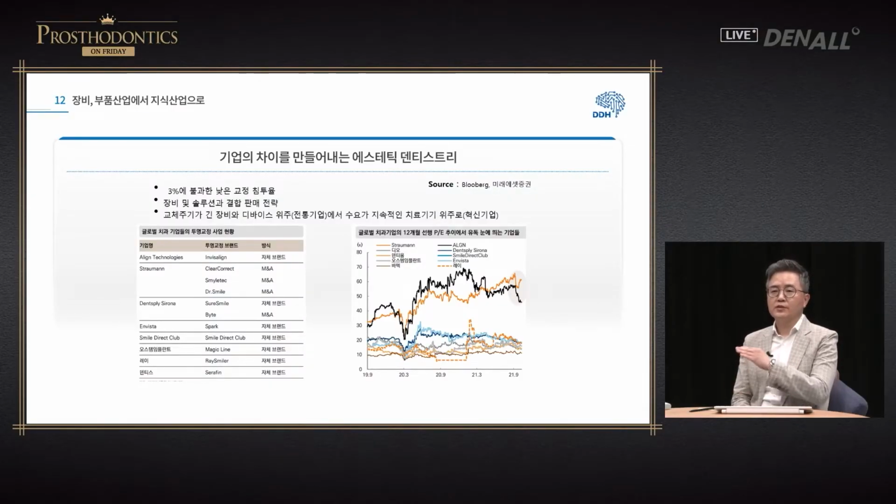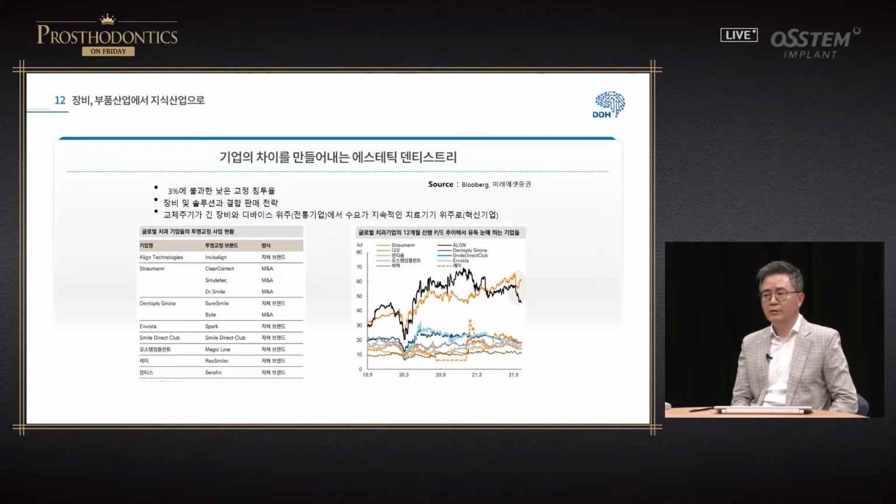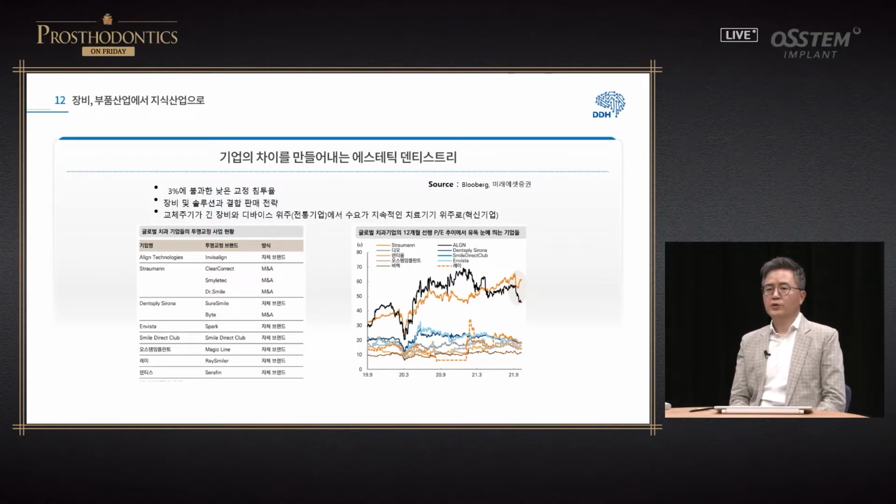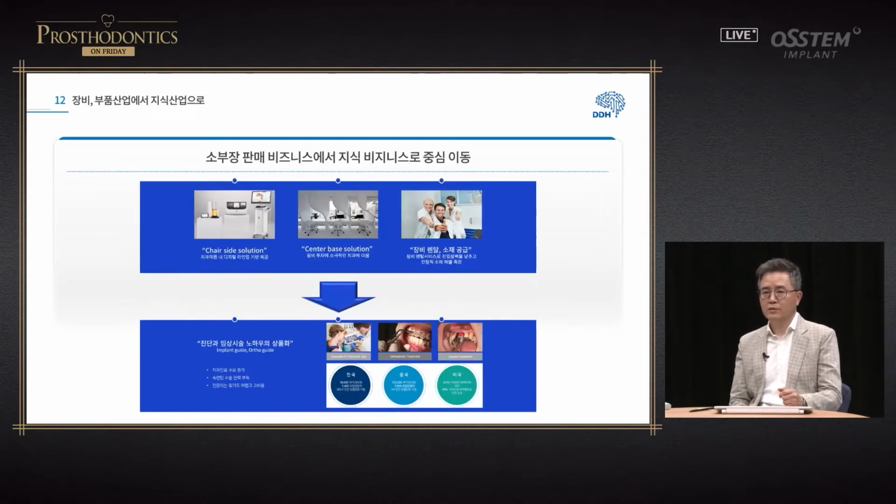I've mentioned that there was a reason why Straumann and Invisalign were valued higher compared with other companies. In order to reduce the gap, we need to understand why there's a gap and we need to overcome it. I'm going to talk about something that you may not really like as a local dental company, but for those who are just starting off, people may feel burdened about buying new products because they're concerned whether they need to buy everything.